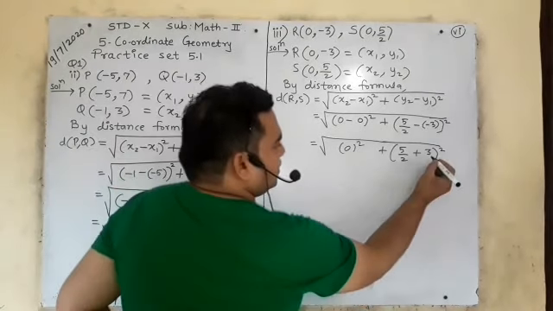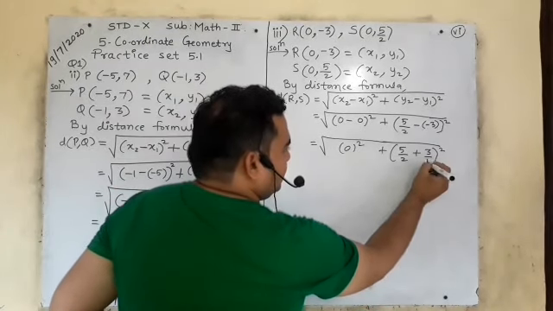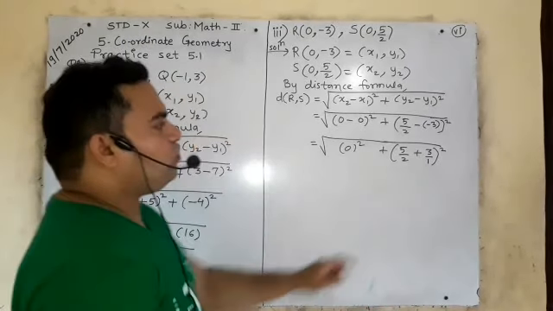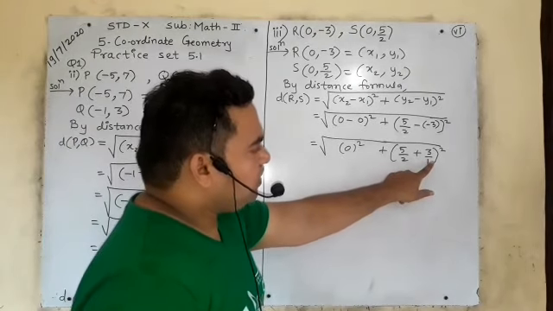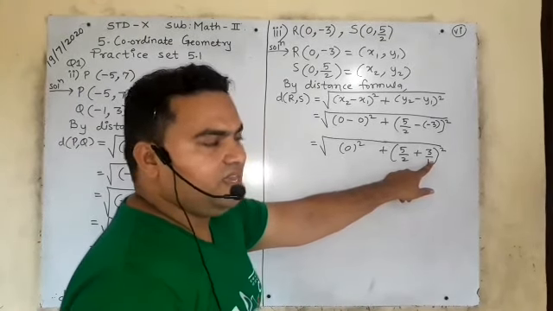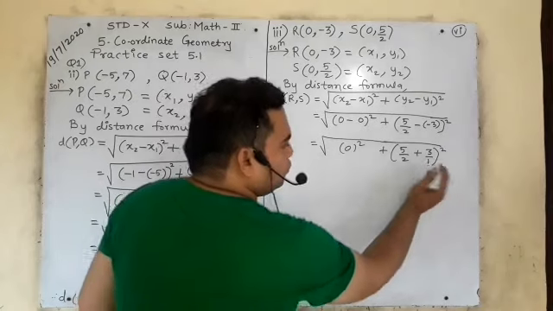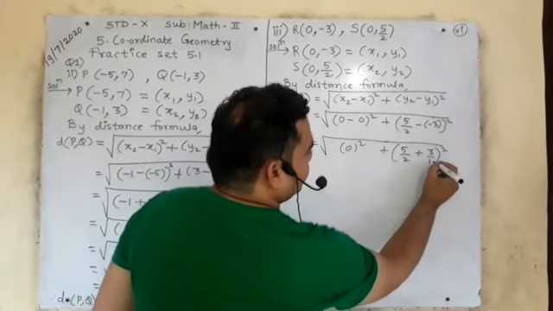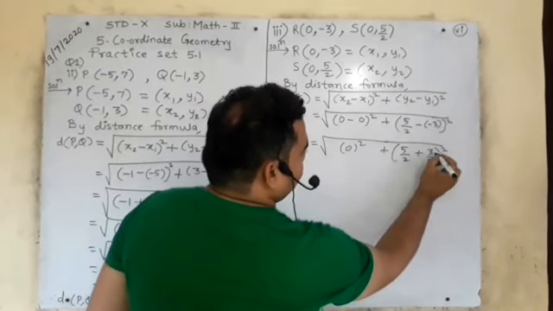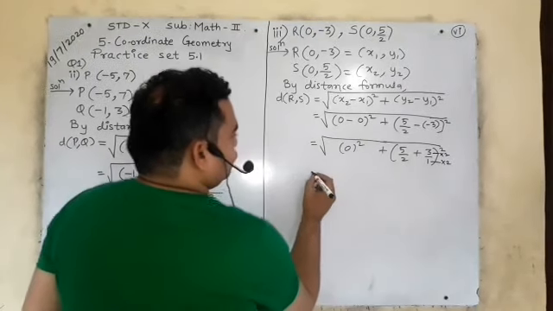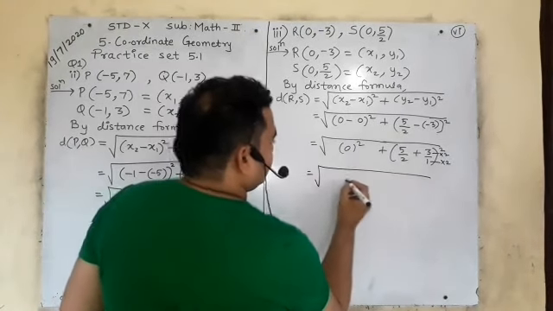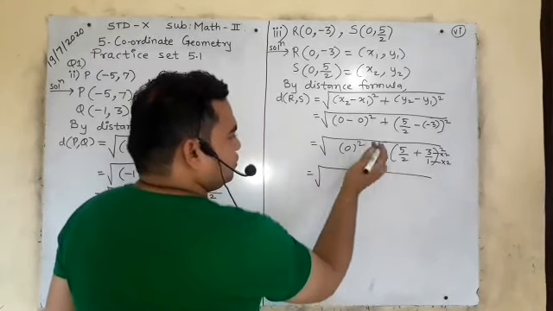As I have said, every number is a rational number. Is it clear? Addition will be possible when the denominators are equal. So here you want 2. So this side you will multiply by 2. This also you will multiply by 2. So this you neglect because 0 square is 0.